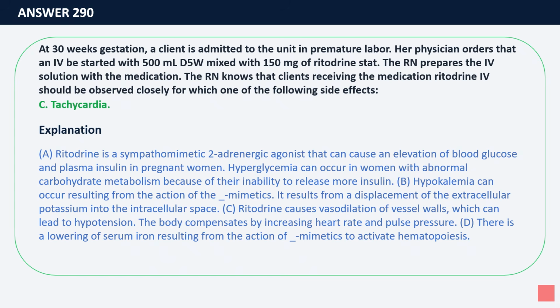It results from a displacement of the extracellular potassium into the intracellular space. C. Ritodrine causes vasodilation of vessel walls, which can lead to hypotension. The body compensates by increasing heart rate and pulse pressure. D. There is a lowering of serum iron resulting from the action of mimetics to activate hematopoiesis.